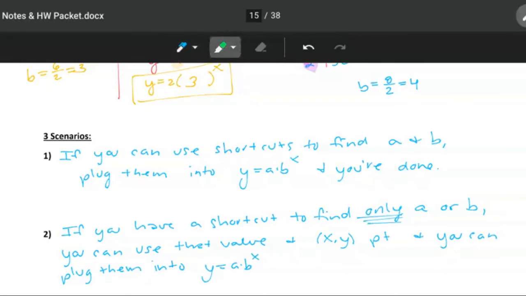So say if you knew the A value, you could plug in that. If you knew another XY point, you could plug in X and Y, and then the only thing left would be B, and you could solve for B. Say if you had a shortcut and you could easily find B, you would plug in B, you'd plug in the XY point, the only thing you wouldn't know is A, then you could solve for A. So you could plug them into that formula and solve for the unknown, whichever one you don't have, whether it's A or B.